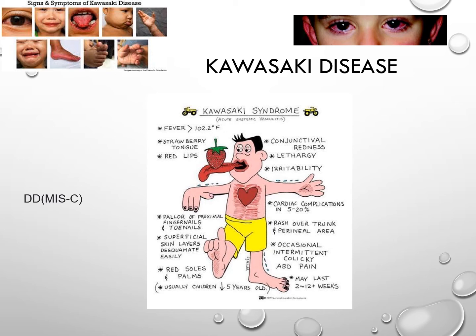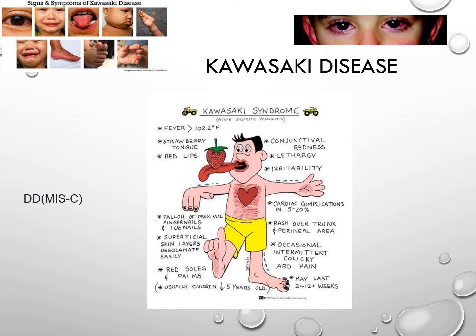Recently, after the era of COVID-19, a different entity has been proposed, the COVID-related Kawasaki-like disease or multi-system inflammatory syndrome. So multi-system inflammatory syndrome is a post-COVID syndrome that can mimic Kawasaki and is treated in the same manner. The only differentiator is the history of COVID infection.